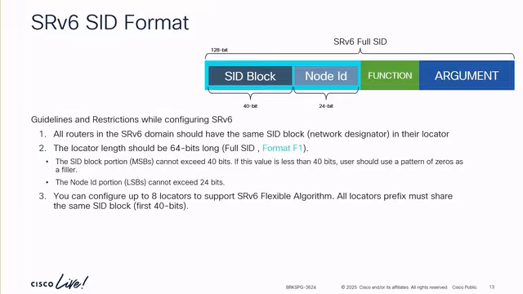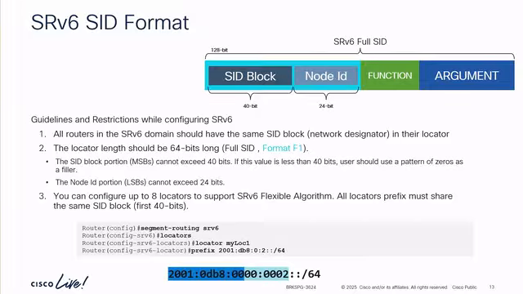We are talking here about a complete IPv6 address that we are carving up in this way. We call that the format F1, the first one that we have, also commonly known as full SID. So this is the SID block with the node ID, /64.